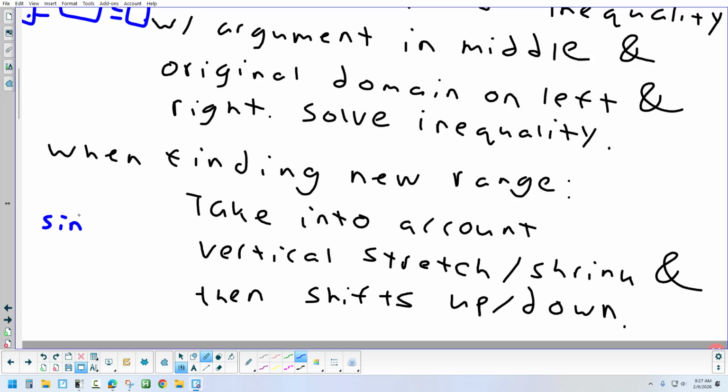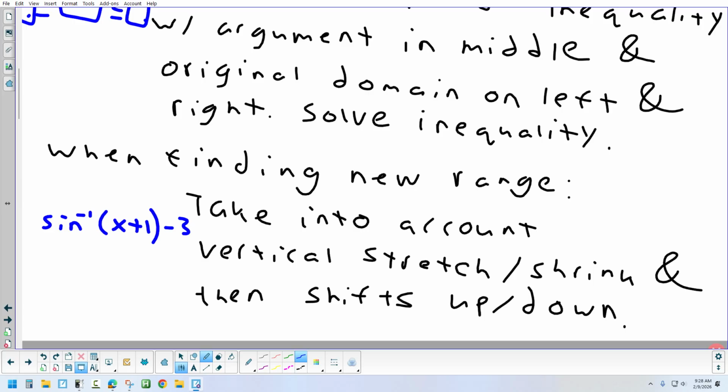So as an example, let's say you had sine of x plus 1 minus 3. Okay, just to use the numbers that we should use.